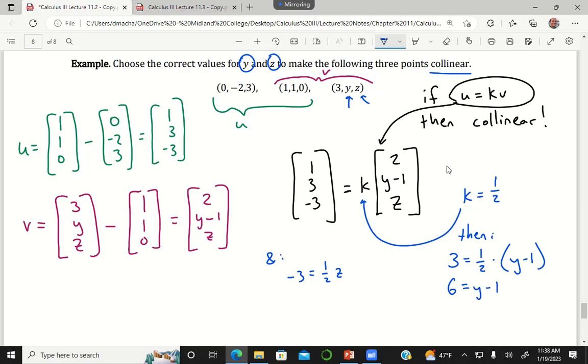So that means y is equal to 7. And then over here, negative 6 is equal to z. Okay, so if I want these 3 points to be collinear, then this last set of coordinates, this last point has to be 3, 7, negative 6.